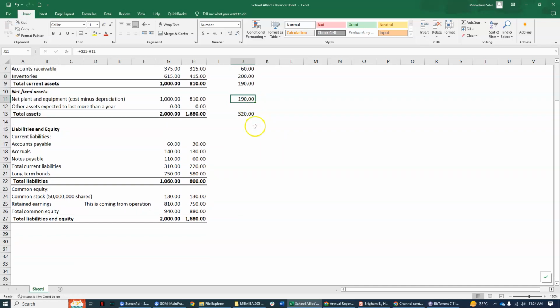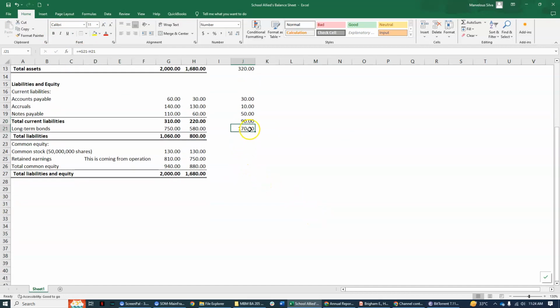You can do that also on the other sections. This is the total current asset, and you see the total increased by 90. You can also evaluate if there's a movement on the equity section. On the paid in capital, there's none, but in the retained earnings, there is.